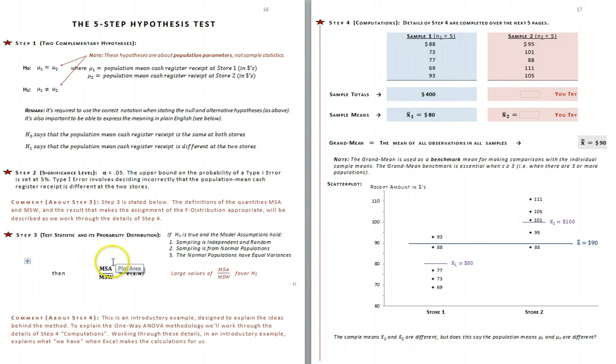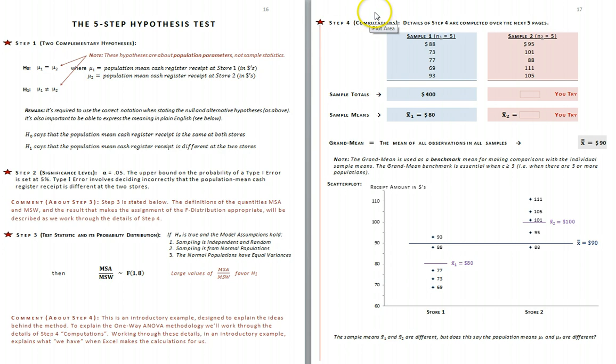When there's a lot of variation amongst the sample means compared to the variation within the individual samples, that makes this test statistic large, and in fact, a lot of variation amongst the sample means is evidence of H1 being true. The two population means are different.